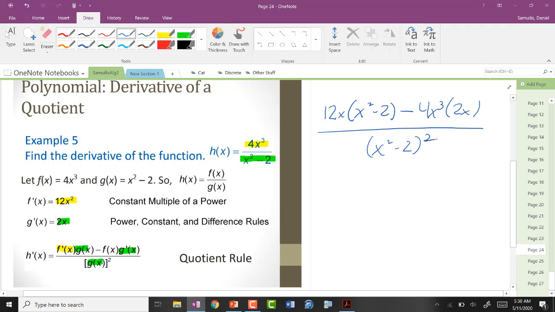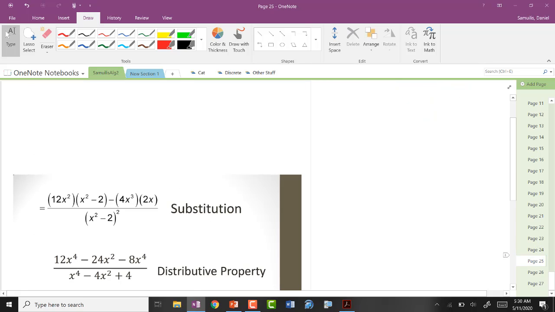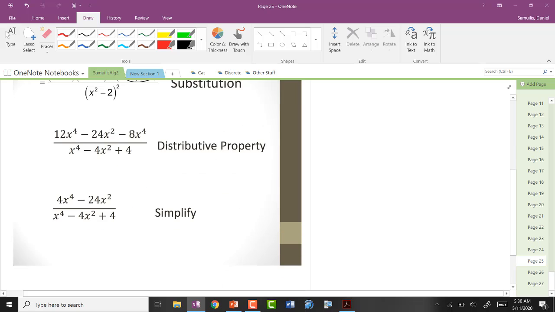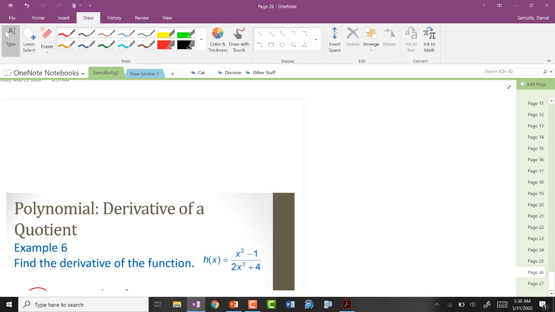Okay, so once again, derivative of the first untouched, or second untouched, derivative of the second, untouched squared. Okay, so got all that. Distribute, multiply, get this, and combine like terms. Here is my solution. That's the derivative of the quotient. Oops, I just put the answer up there.